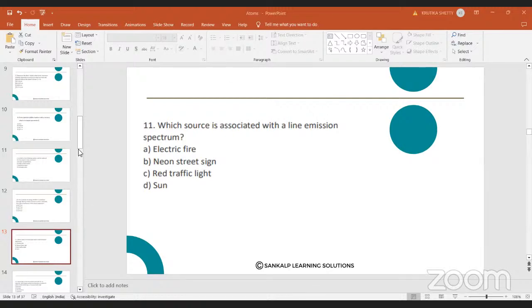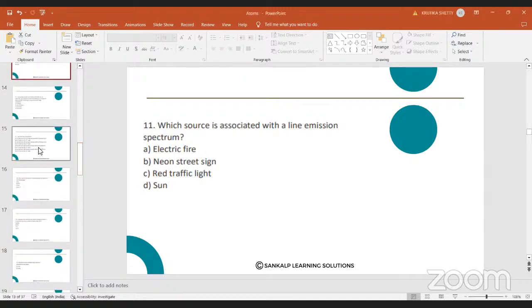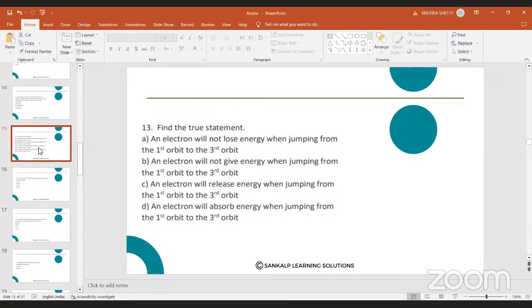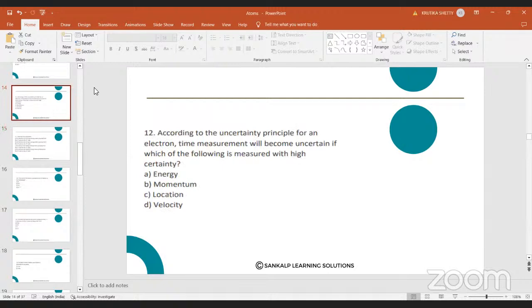Okay. Then our next question. According to the uncertainty principle, for an electron, time measurement will become uncertain if which of the following is measured with high certainty?